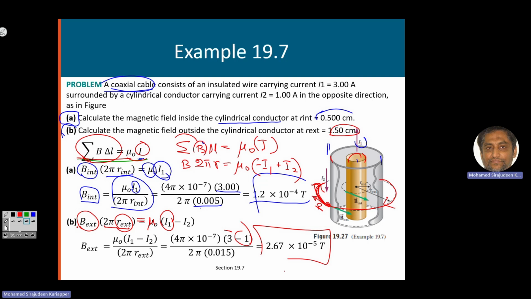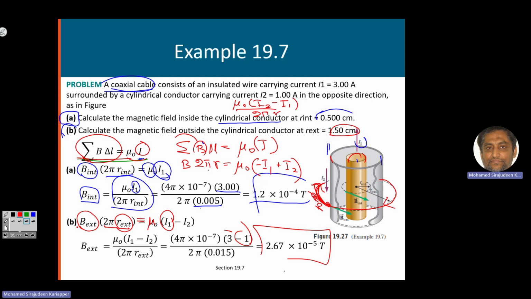B is equal to, I'm getting B in this direction with the magnitude of that.